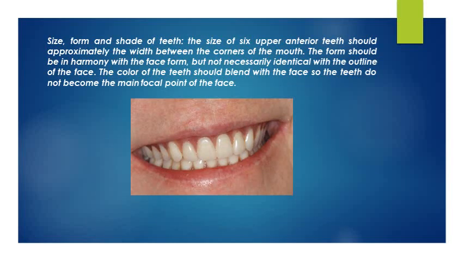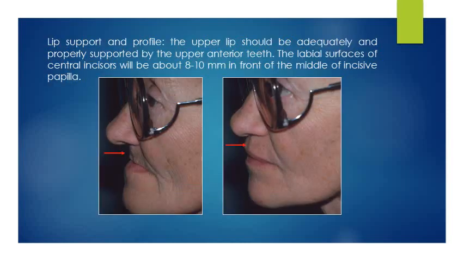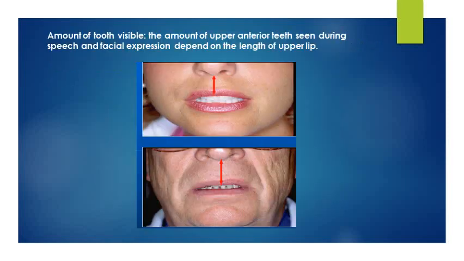As you see here, the size, form and shape of the anterior teeth is very important to check, and also the facial support, the lip support. As you see between the two pictures, lip support is very important for aesthetics. The position of the upper anterior teeth plays a major role with the thickness of the flange.